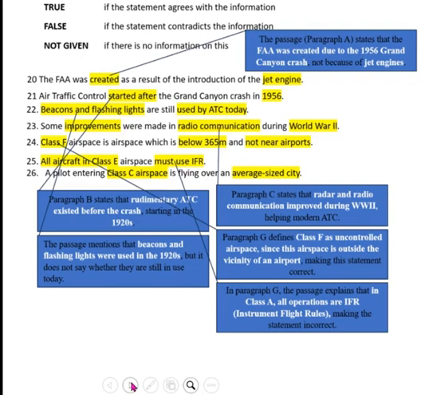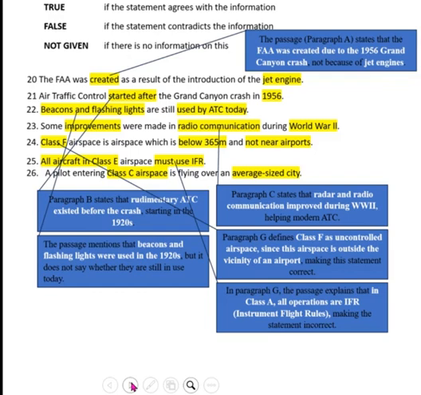Lastly, 26. A pilot entering Class C airspace, take note of Class C airspace, then take note of average-sized city. We look for these terms in the passage. Anywhere these terms are found in the passage, we read that section carefully to be able to understand what is needed here and the information about this statement.